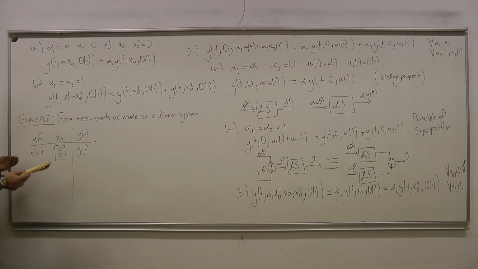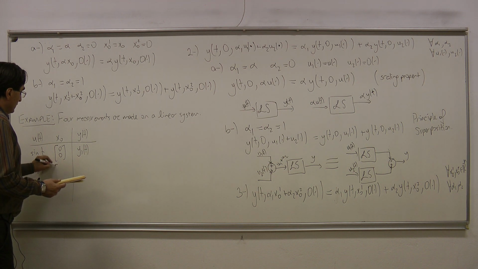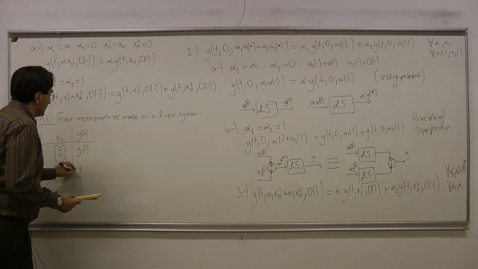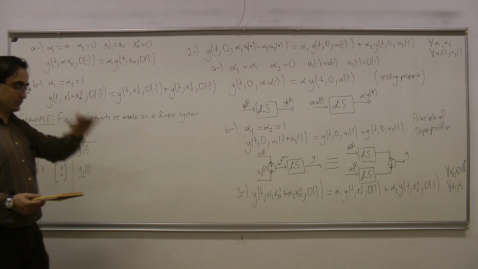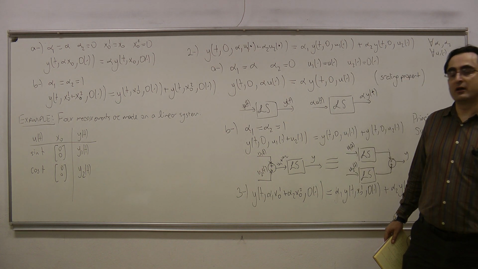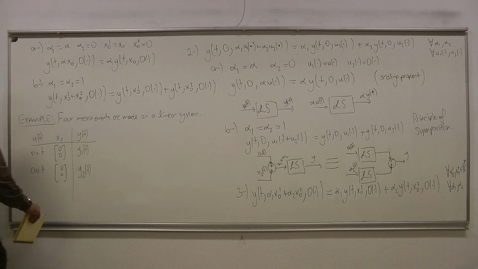And then the second experiment is this: cosine t, still 0 initial condition, and the measurement that I collect is called y2 of t. It's a function of time. Maybe I sample it and store it in a computer.